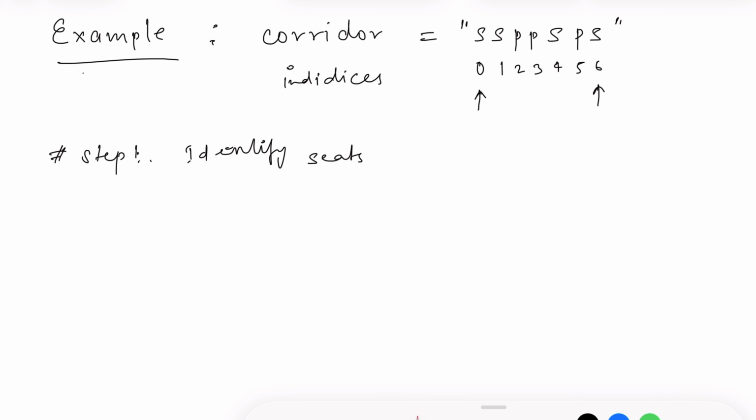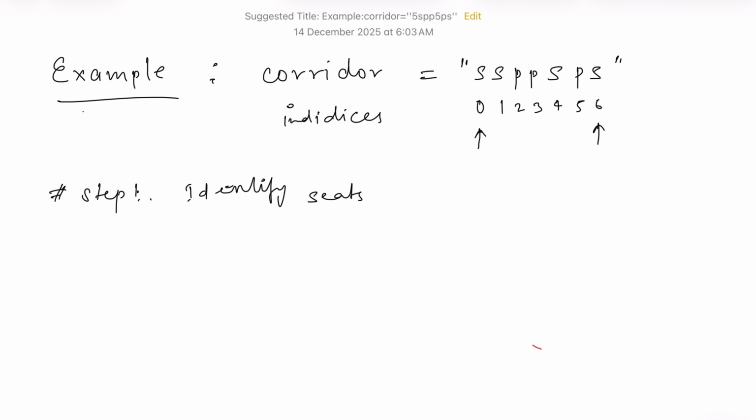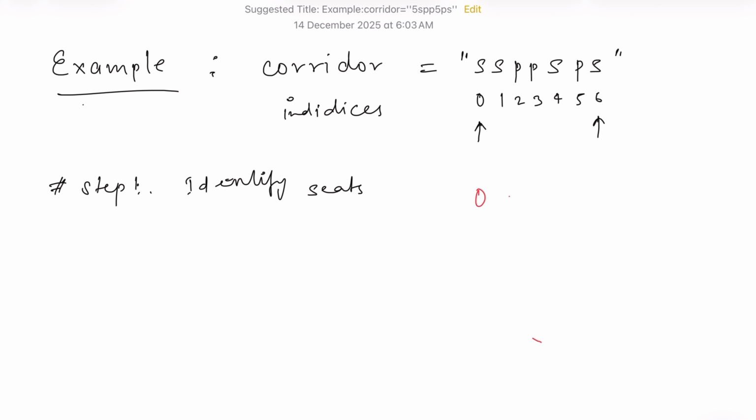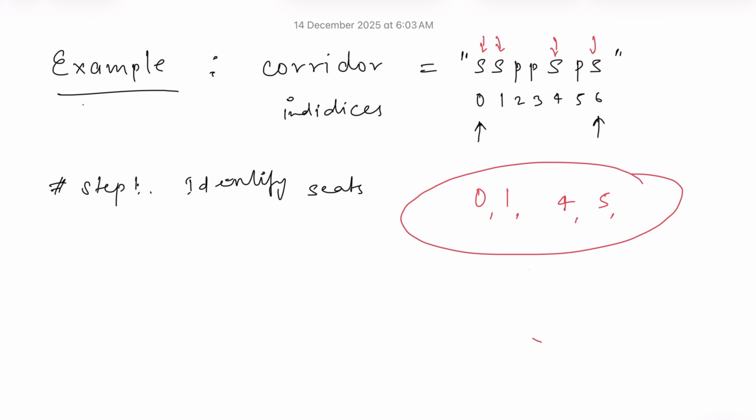The seat positions we have here are 0, 1, then 4 and 5. You can mark them directly here, here and here. These are the seat positions.